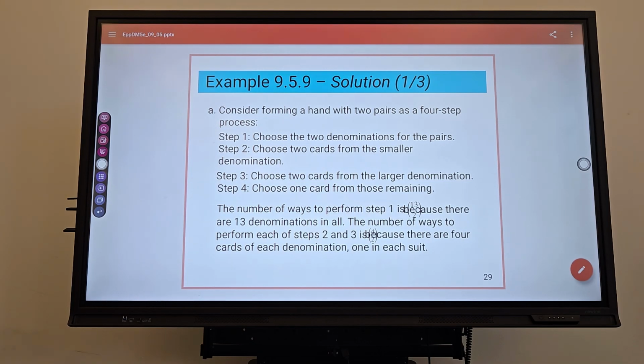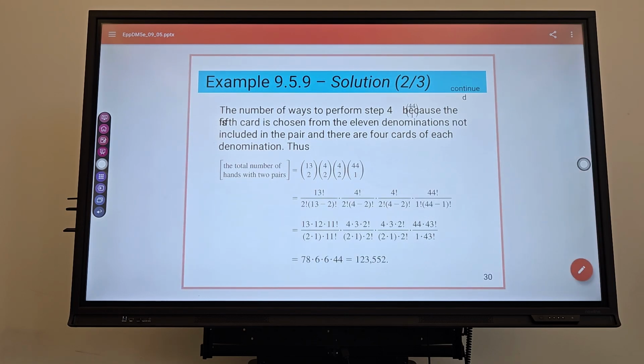The number of ways to perform each of steps 2 and 3 is 4 choose 2, because there are 4 cards from each denomination, 1 in each suit. The number of ways to perform step 4 is 44 choose 1, because the 5th card is chosen from the 11 denominations not included in the pairs, and there are 4 cards of each denomination.